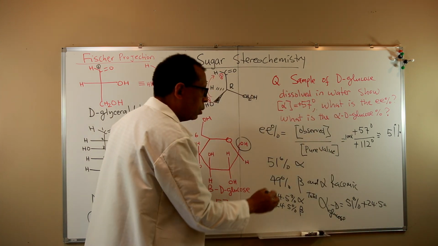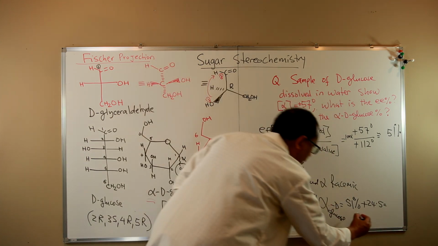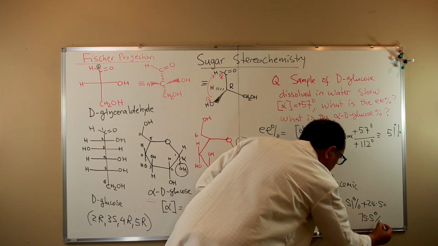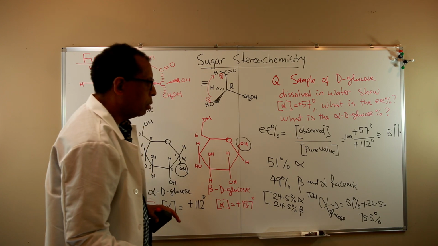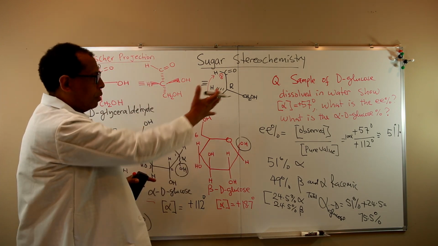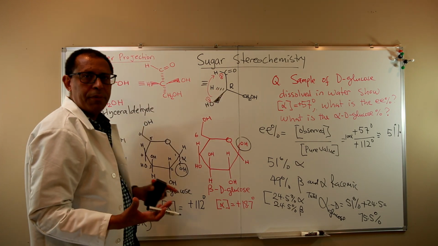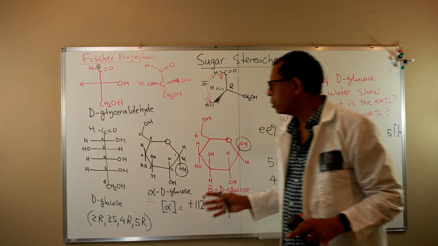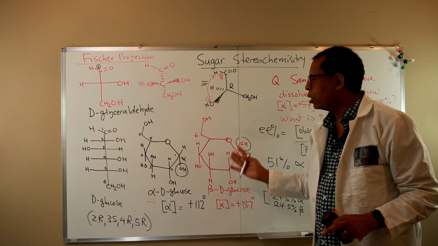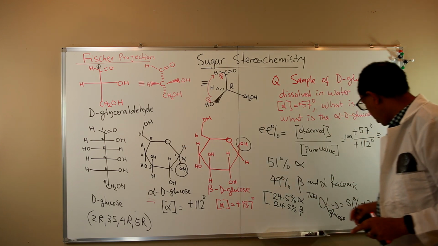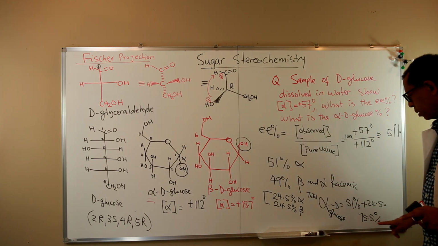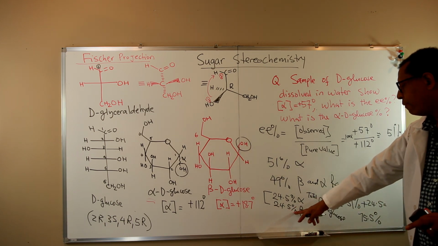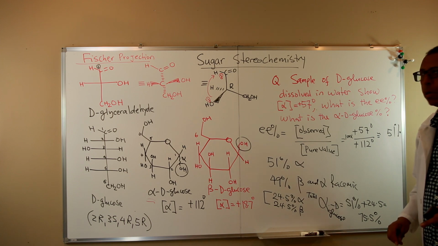So the total would be 75.5% alpha D-glucose. So if you just dissolve some amount of D-glucose, the mixture would contain about 75.5% alpha, the rest about 24.5 is beta D-glucose.